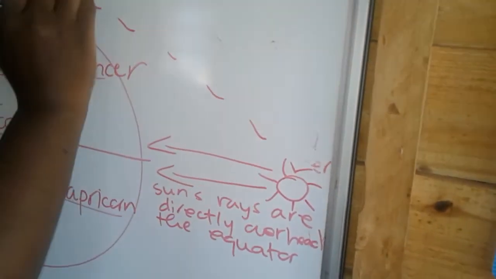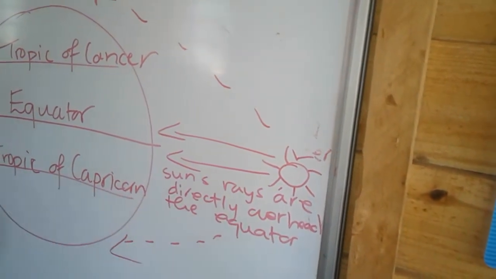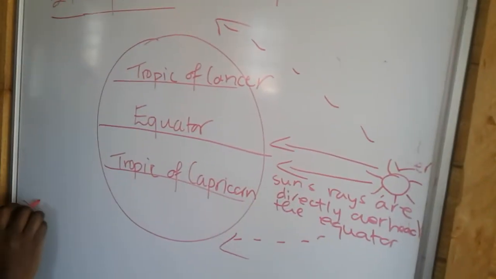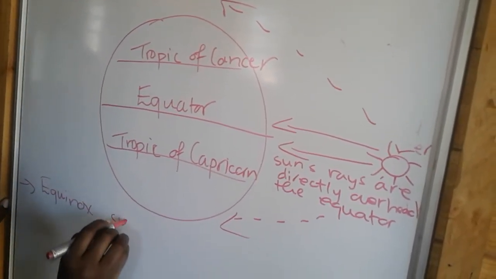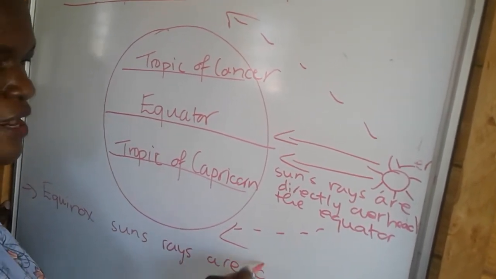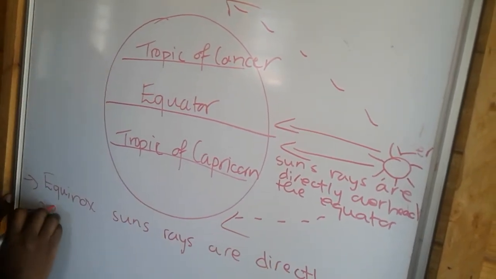All other places are experiencing heat at the same angles there, as you can see. So here, equinox again, sun's rays are directly overhead the equator.